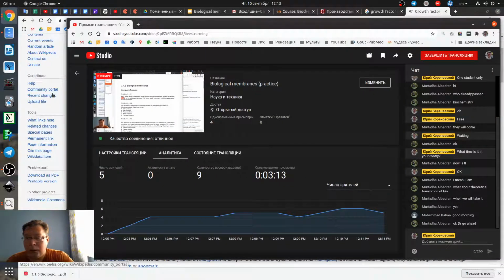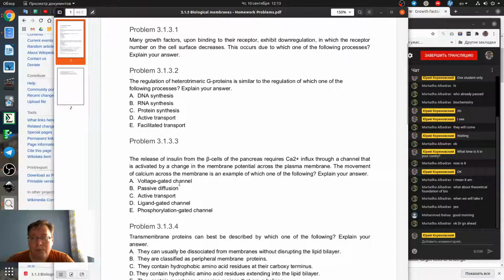Okay, the next question. Problem 3.1.3.2. The regulation of heterotrimeric G proteins is similar to the regulation of which one of the following processes?